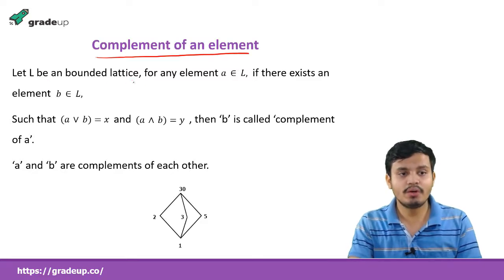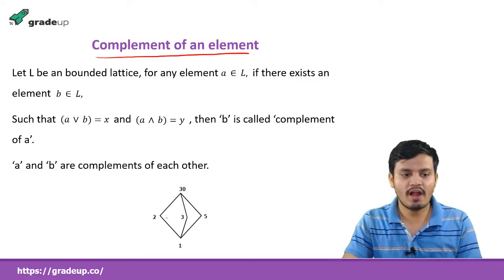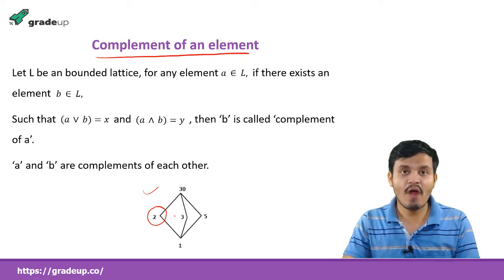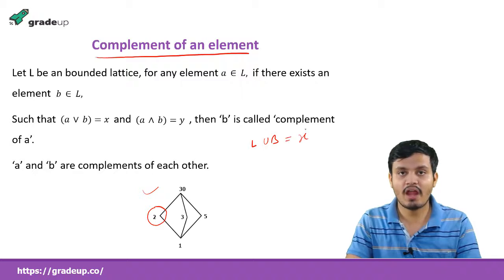Let L be a bounded lattice. So what is a complement? I told you this is the lattice and we need to try to find the complement of an element, for example 2. So for that 2, we need to find another element such that their LUB will be X. And what is X?